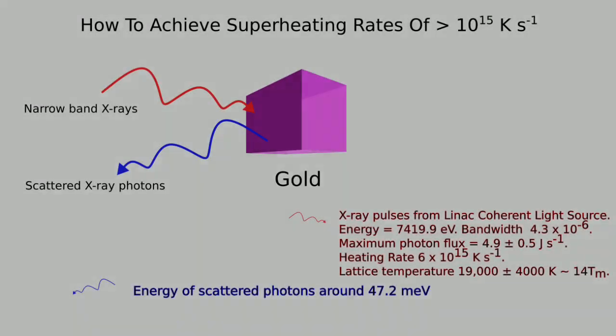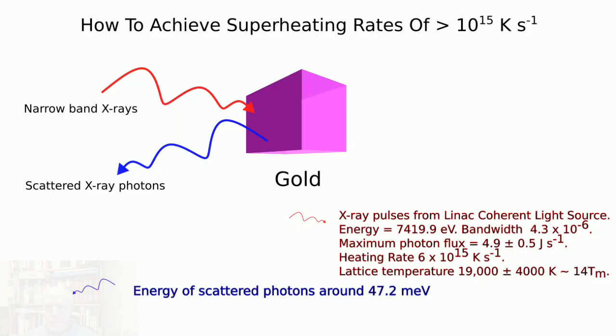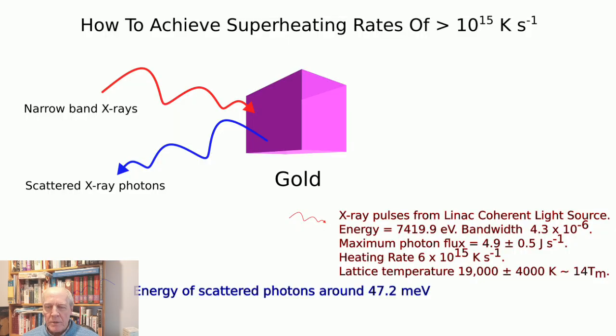So, how did the most recent work manage to achieve higher heating rates than the earlier work? Well, they used X-rays, and the X-ray source they used was the LINAC coherent light source.